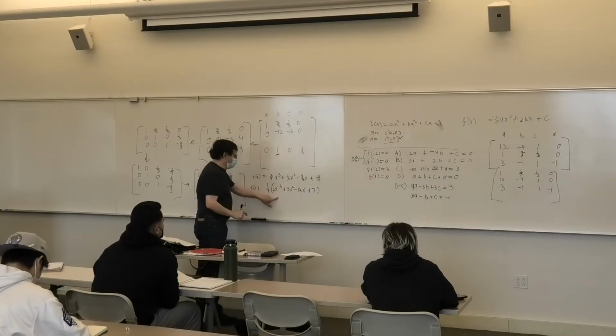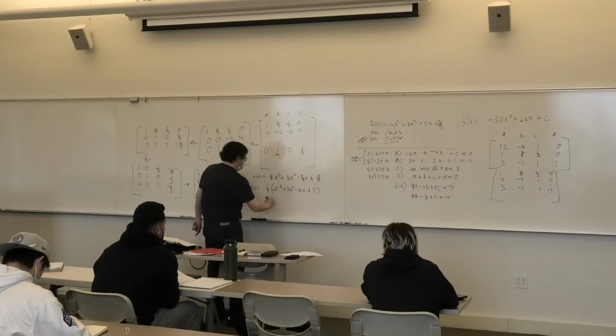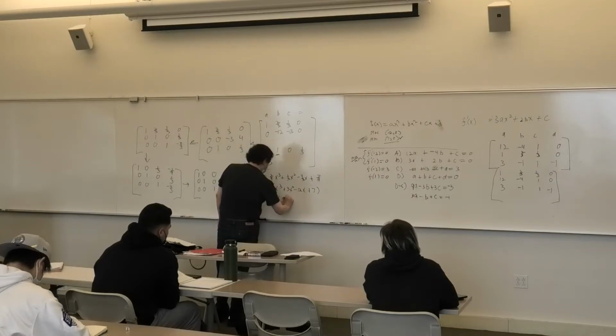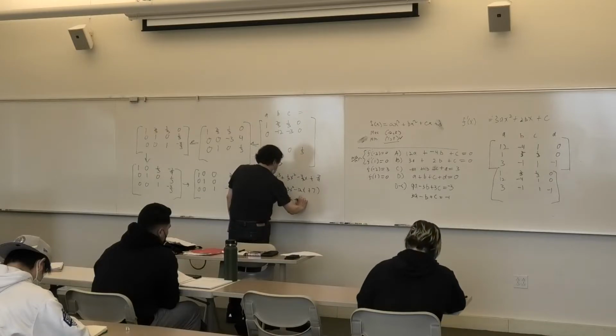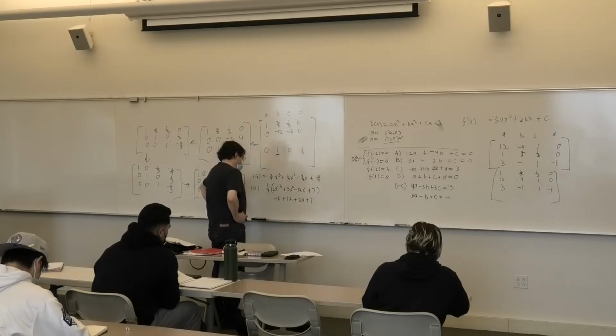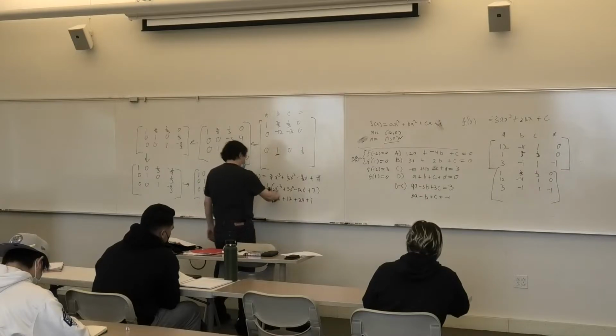Let's try negative 2. So negative 8 times 2 is negative 16 plus 12 plus 24 plus 7. Let's try that again.